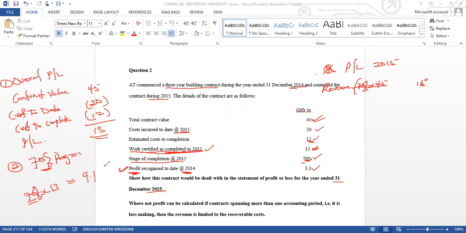If I have profit for last year, which is 3.3, and I have profit to date, if I take previous years from it, I can get my current year profit. So 9.1 minus 3.3 will give me 5.8. And the difference thereof will give me my cost of sales.